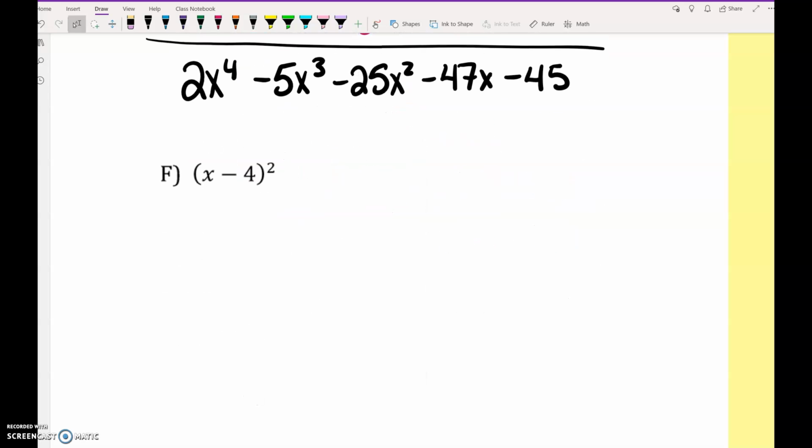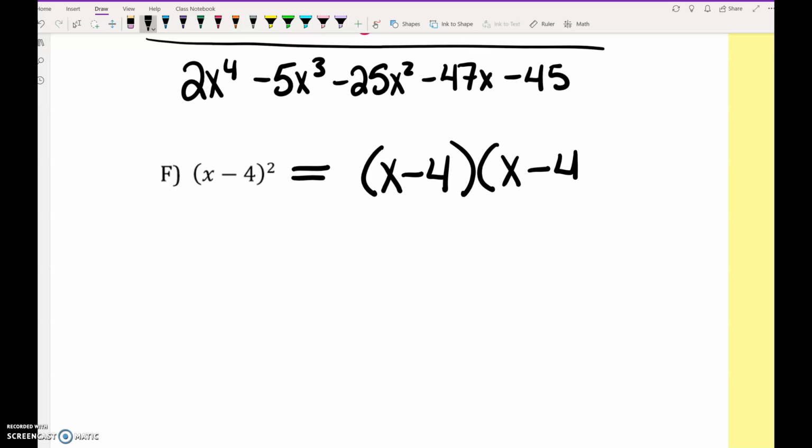What does x minus 4 squared actually mean? X minus 4 times x minus 4. You cannot do x squared minus 4 squared. You can't just distribute the square. It doesn't work that way. You have to do x minus 4 times x minus 4.